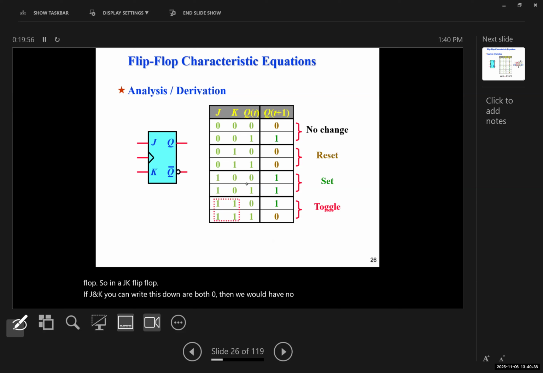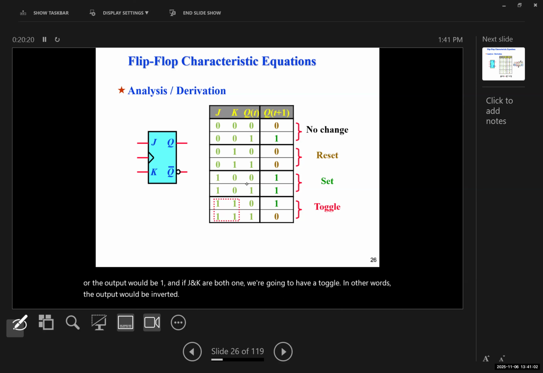If J is 0 and K is 1, we're going to have a reset. In other words, the output becomes 0. If J is 1 and K is 0, we're going to have a set, or the output would be 1. And if J and K are both 1, we're going to have a toggle.